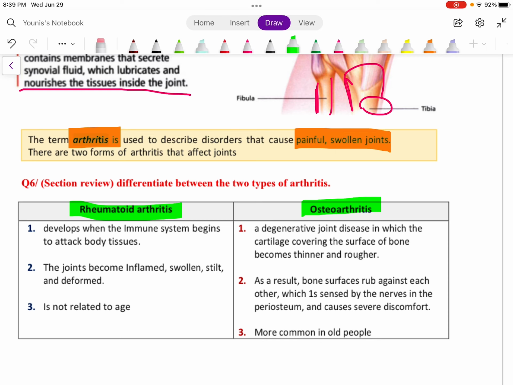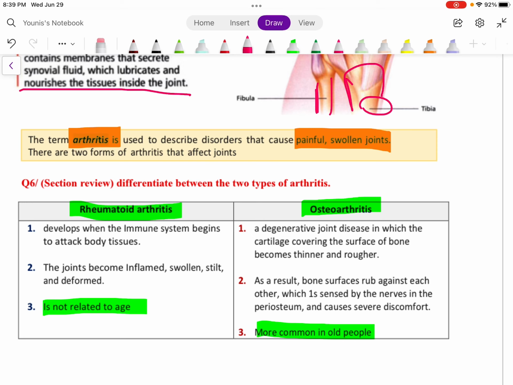Rheumatoid arthritis is not related to age, like it can be found in all the different ages with the same or similar percentage. But osteoarthritis is most common in old people. So you can say the risk of developing osteoarthritis increases with age.